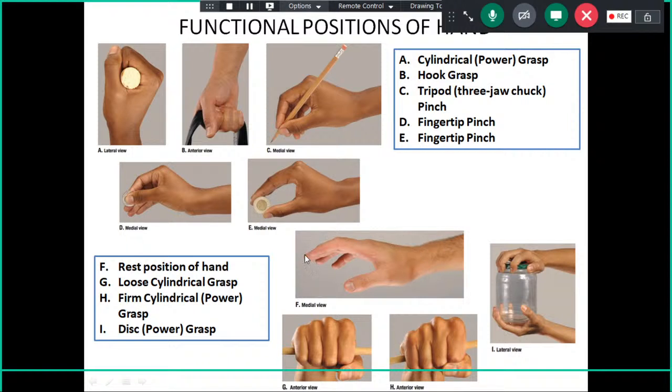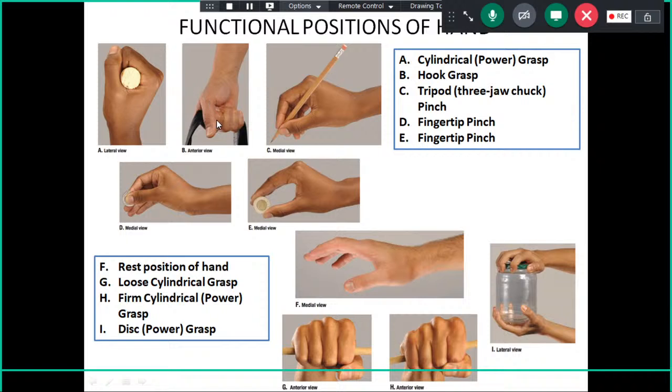This is just to show you the cylindrical or power grasp, where you are holding something, all the joints are flexed, and the wrist joint is extended. In the power grasp, you are making a fist around it. There's a slight extension at the wrist joint with flexion at the metacarpophalangeal and interphalangeal joints.